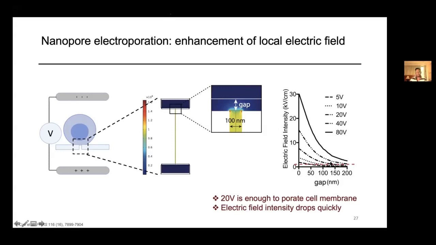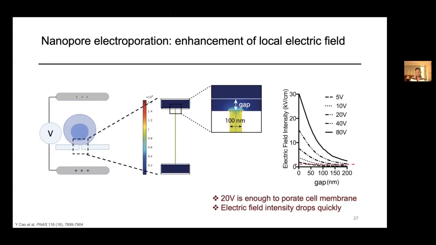There are two things I want to point out. By using this nanostructure, we only need about 20 volts to generate enough electric field at the local area to porate the cell membrane. In comparison, normal electroporation can require from 300 to about 1,000 volts, so this is greatly reduced.